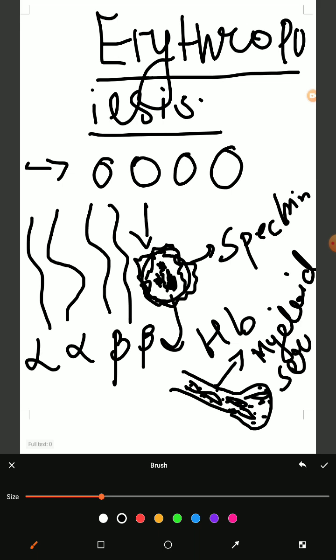Myeloid series or myeloid lineage, right? Whereas another lineage of hemocytoblast progenitor cells comes from the lymphoid lineage.